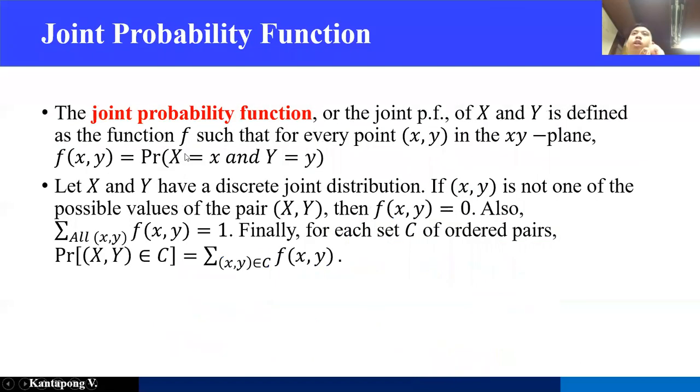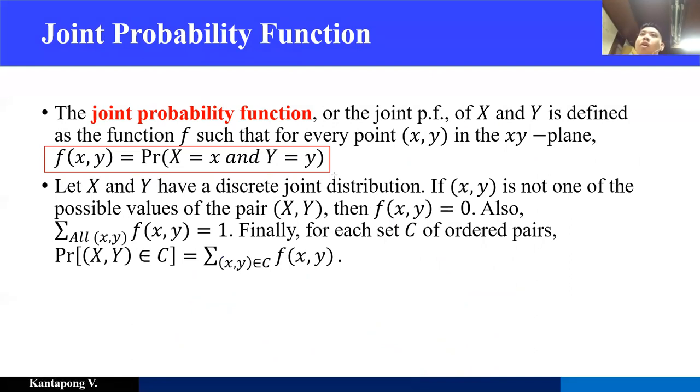So the joint probability function, or joint PF, of X and Y is defined as a function f such that for every point (x, y) in the xy plane, this holds. This is very similar to lesson 14 if we compare the definitions.